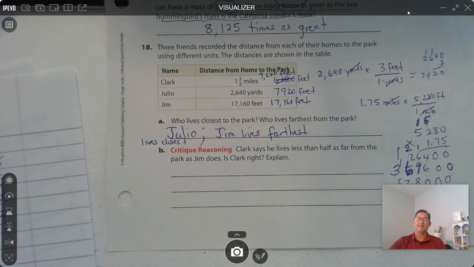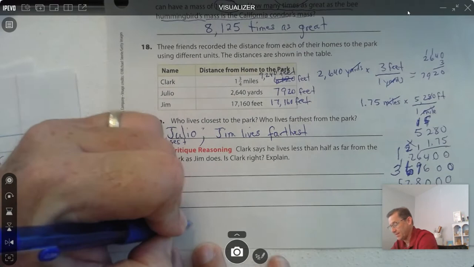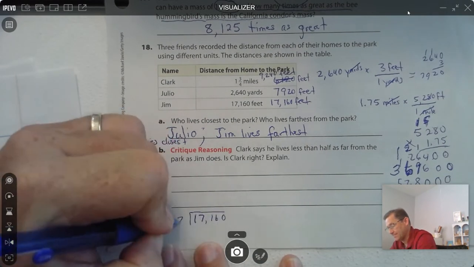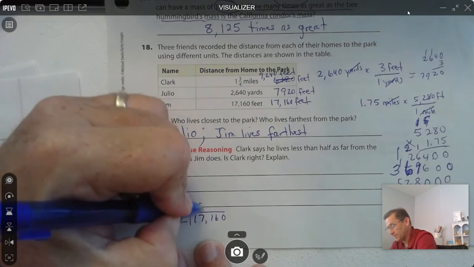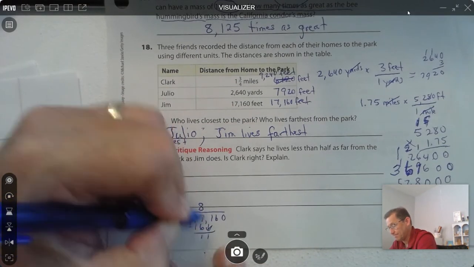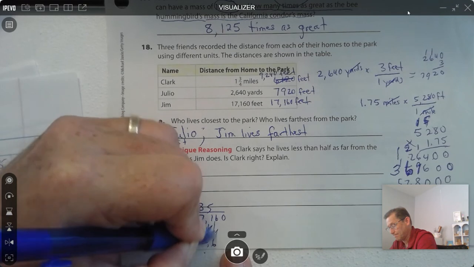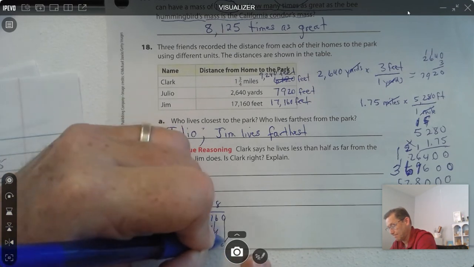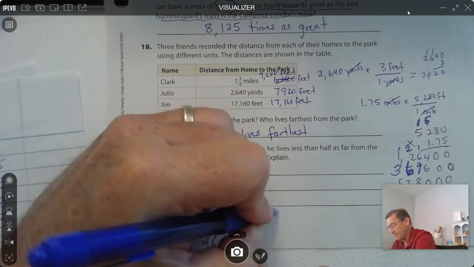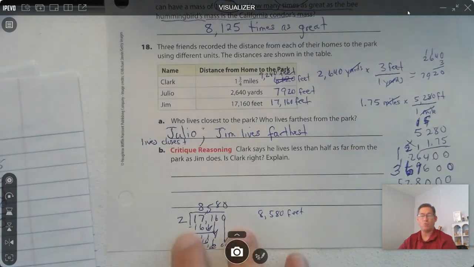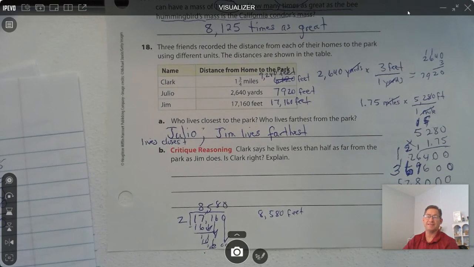Okay. Clark says he lives less than half as far from the park as Jim does. So if we take half of Jim's distance, okay, that'll tell us what half is, right? So 8,580 feet is halfway. Clark says he lives less than half.